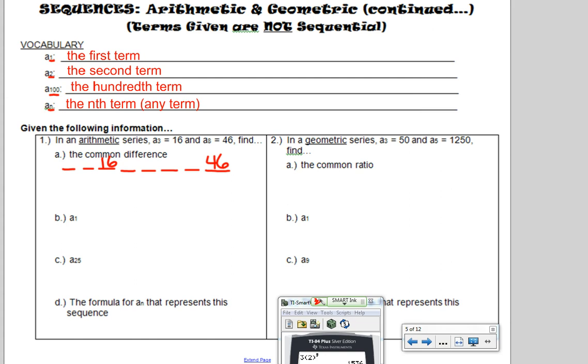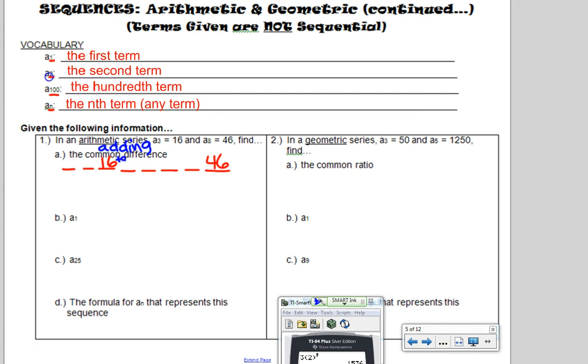Okay, so we can do it one of two ways. We can set up our equation. You can sit here and try to guess and check numbers, but again, not always going to be easy. Or I can do this. I know we're going to add D how many times? We're adding, for arithmetic, we're adding. So 16, now you can write plus D here.